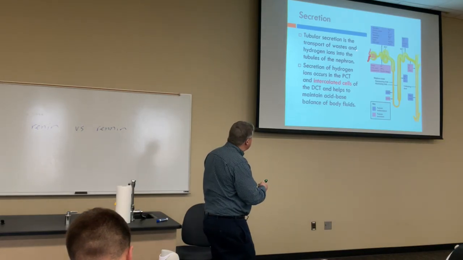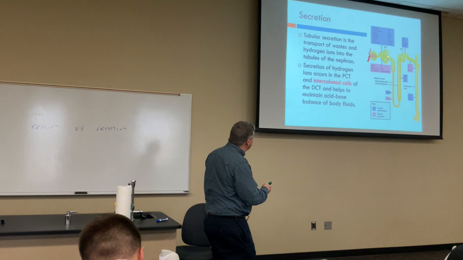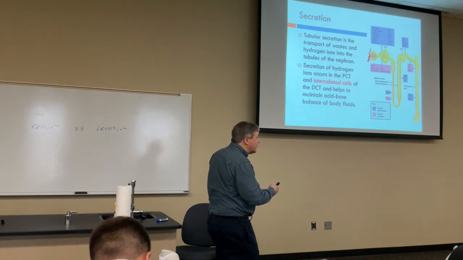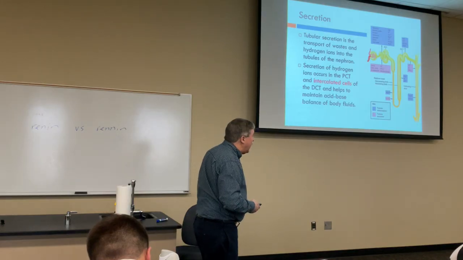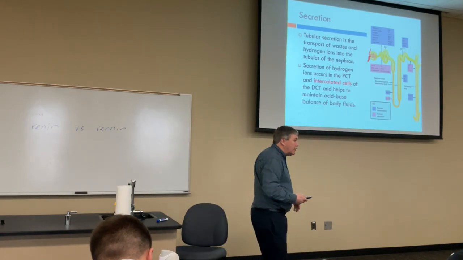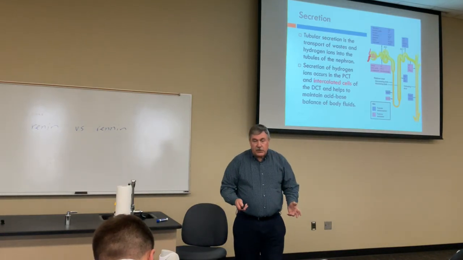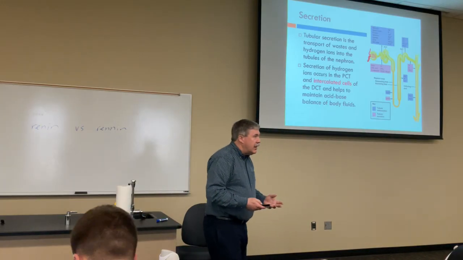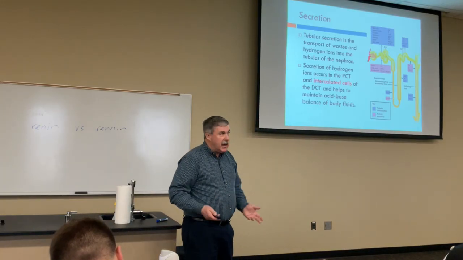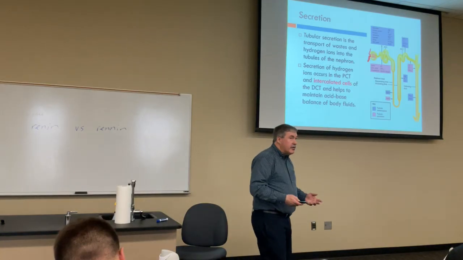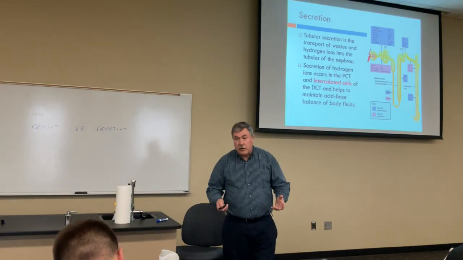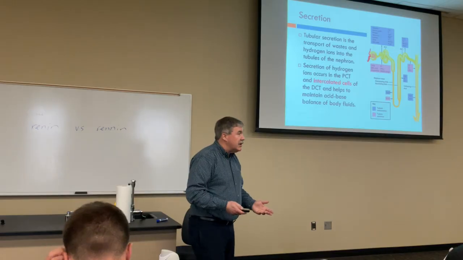Secretion of hydrogen occurs in the proximal convoluted tubule and also by cells called intercalated cells in the distal convoluted tubule. And that's one of the more important ways that our body is able to regulate our pH balance. It's a way that our body can prevent the pH of our body fluids from becoming too acidic.